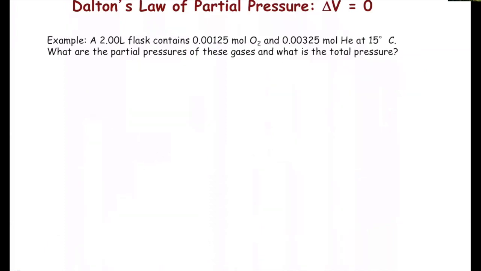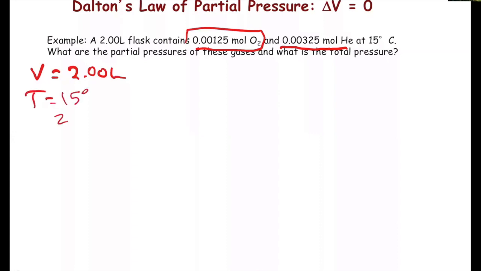So here's a problem in which we apply this concept. It says a 2 liter container, so we have a volume of 2.0 liters, contains 0.0125 moles of oxygen and 0.00325 moles of helium. Temperature is 15 degrees. Add 273 to that automatically, that way you don't forget. That's 288 Kelvin. What are the partial pressures of these gases and what is the total pressure? The partial pressure is easily done.